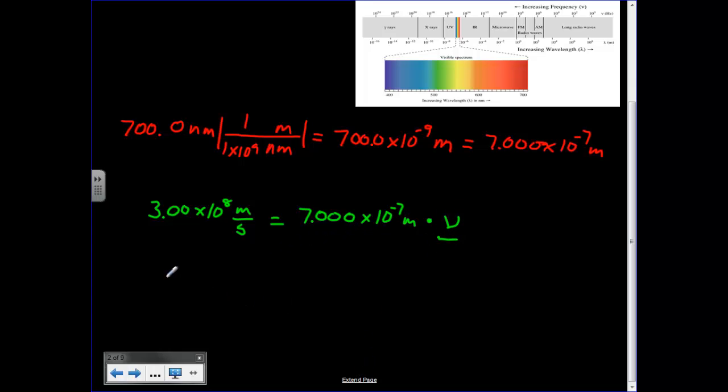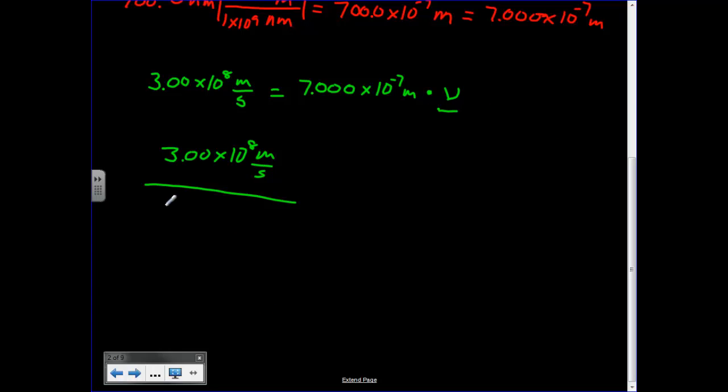And so I'm going to take my 3.00 times 10 to the 8th meters per second, and I'm going to divide that by 7.00 times 10 to the negative 7th meters, and that should give us our frequency.